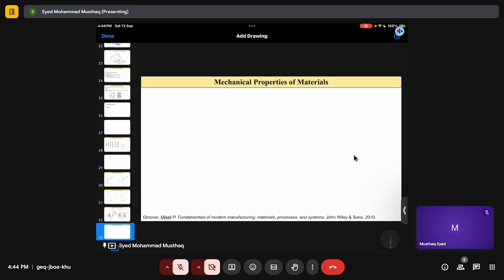Now finally coming to the deformation part. Sir has delivered very complex equations for this Hall-Petch correlation.